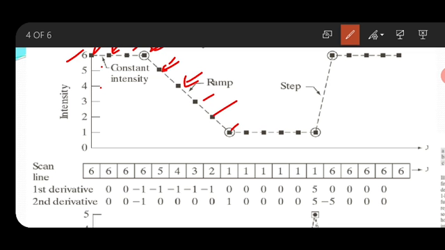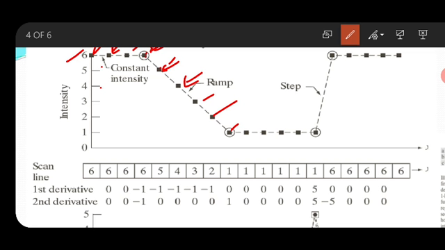Can I say that in the first derivative, all the pixels having the same intensity must give 0? That holds for the first derivative and also the second derivative. I'll come to this conclusion and show the answer for you. Now this is what we call an onset. Onset means there is a change from pixel to pixel.